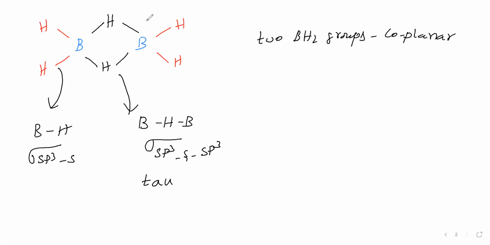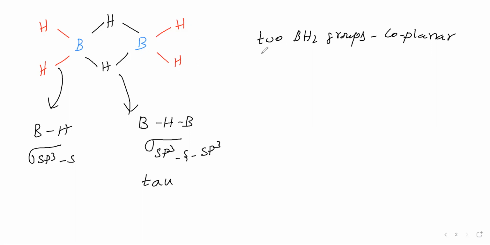These two BH2 groups are coplanar. So in diborane, two BH2 groups are there, and these two BH2 groups are in one plane.